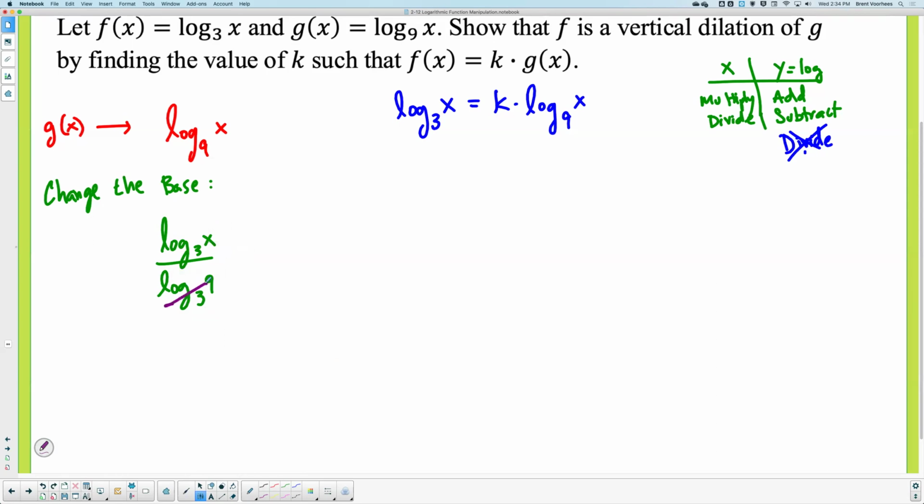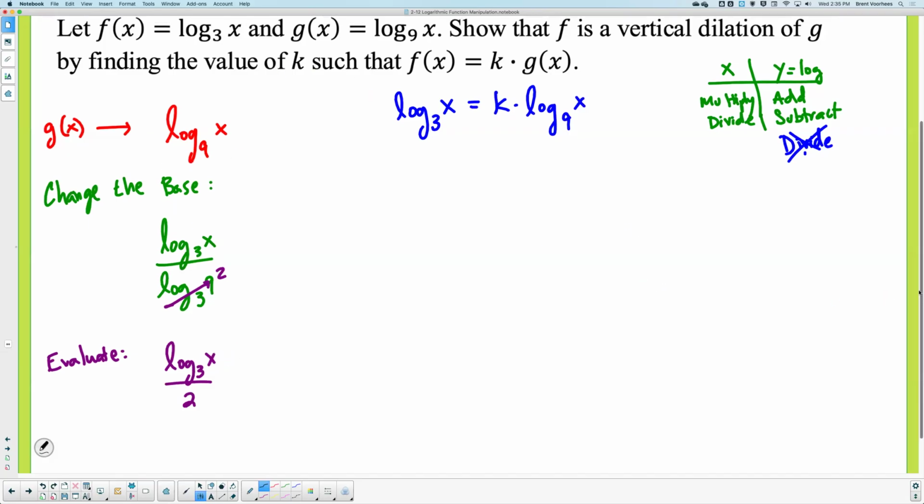Remember, the purpose of a log is to calculate how many powers it takes to get from this base to this number. How many powers does it take? 2. I agree. So we're evaluating. When I evaluate, I have log base 3 of x over 2. Now, I have no better way of explaining that we got to our answer. We just don't know it yet, other than to point it out to you.